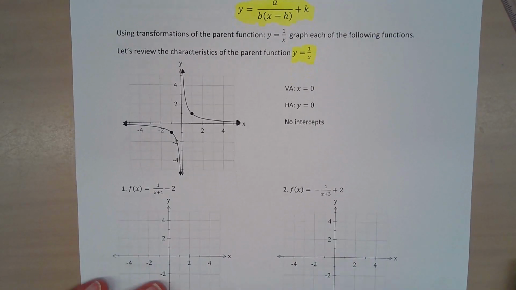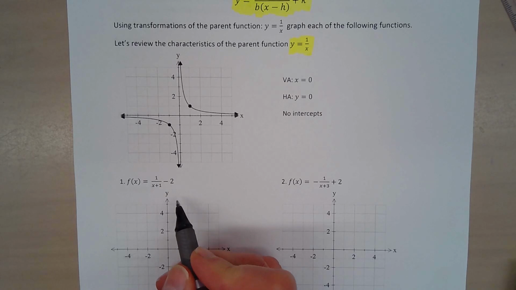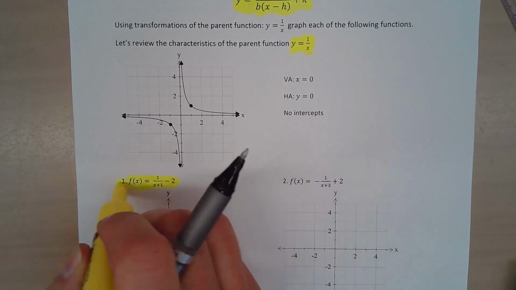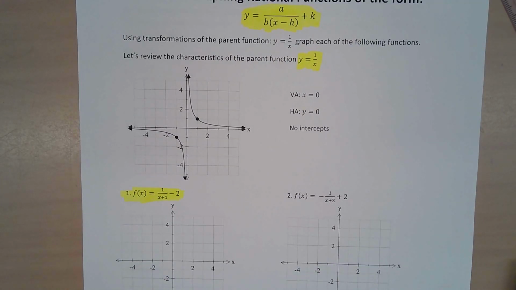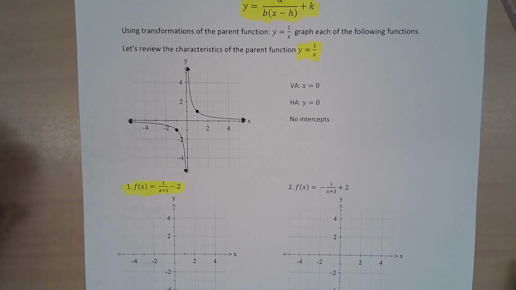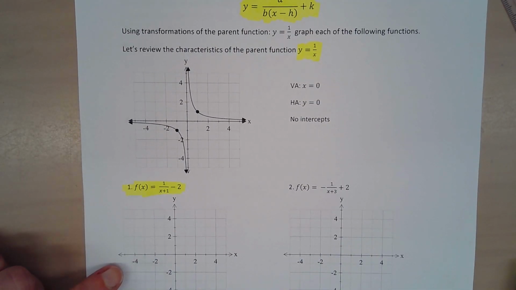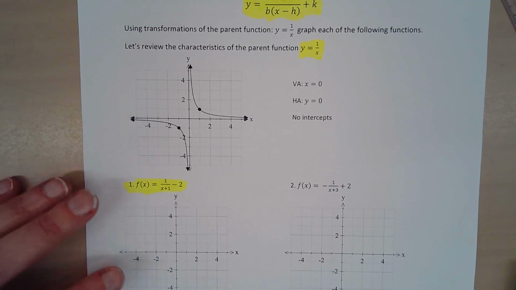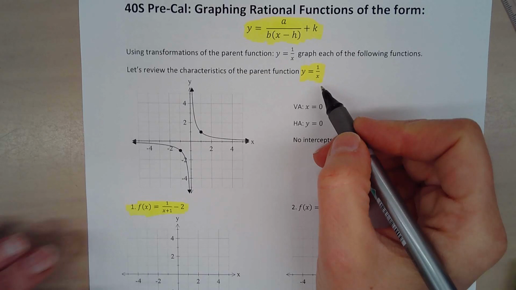And we can. Sometimes a rational function may be given to you in this form, for example. And as long as you recognize that the same rules apply for all the transformations, we can graph a rational function from this form, right? Now this would be the classic 1 over x one.